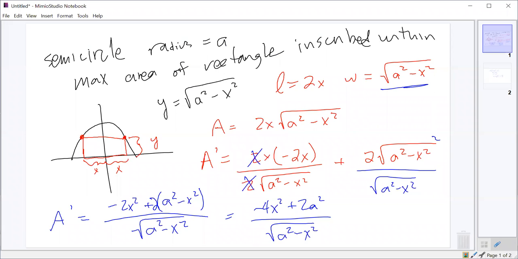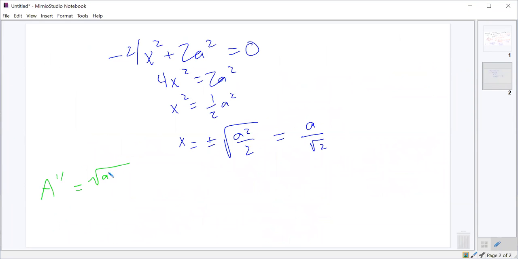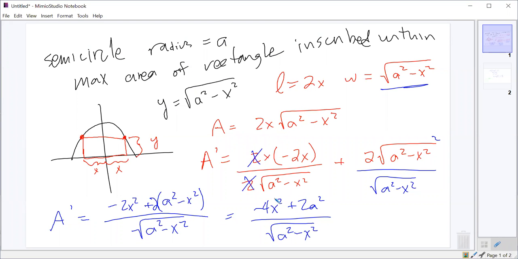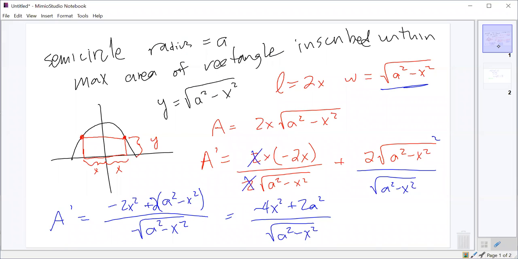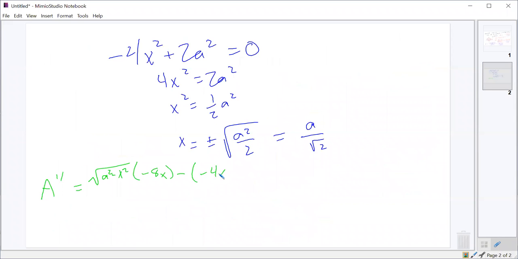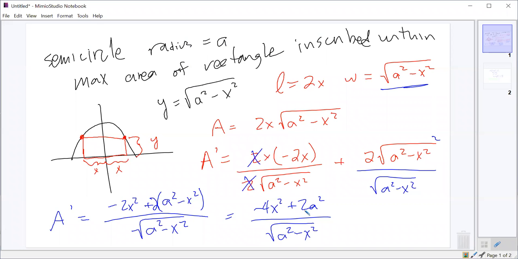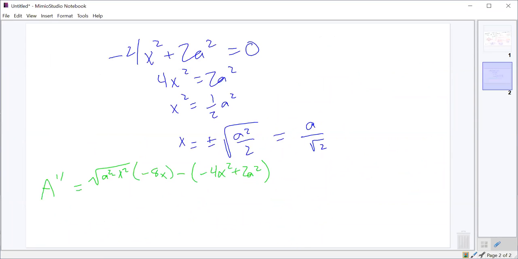So that'll be root a squared minus x squared times the derivative of this, which is just negative 8x, minus that numerator, negative 4x squared plus 2a squared, times the derivative of root a squared minus x squared, which is 1 over 2 root a squared minus x squared times negative 2x.